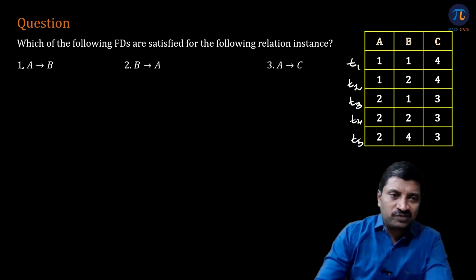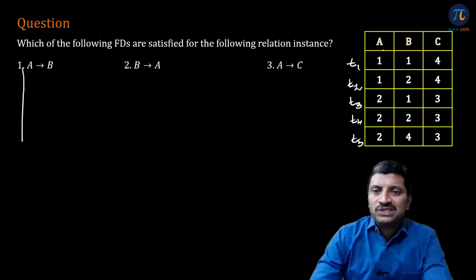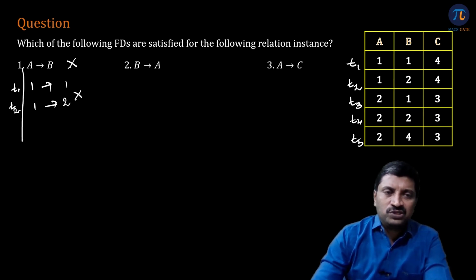Let us verify the first one. Are there any two tuples for which the value of A is the same? T1 and T2. These two have the same value, that is 1. What are the corresponding values of B, sir? 1, 2. These two are not the same. So this will not be satisfied.